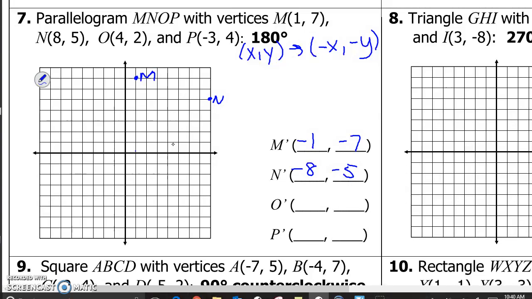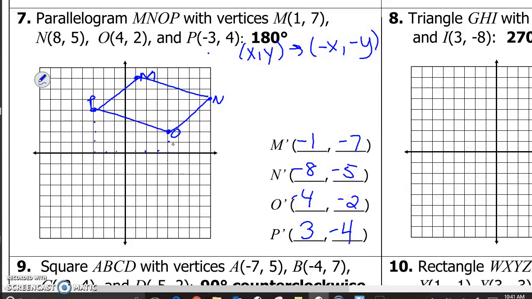O, we've got 4, 2. And opposite of that is negative 4, negative 2. And then P, we've got negative 3, positive 4. So the opposite of negative 3 is positive 3, and the opposite of positive 4 is negative 4.